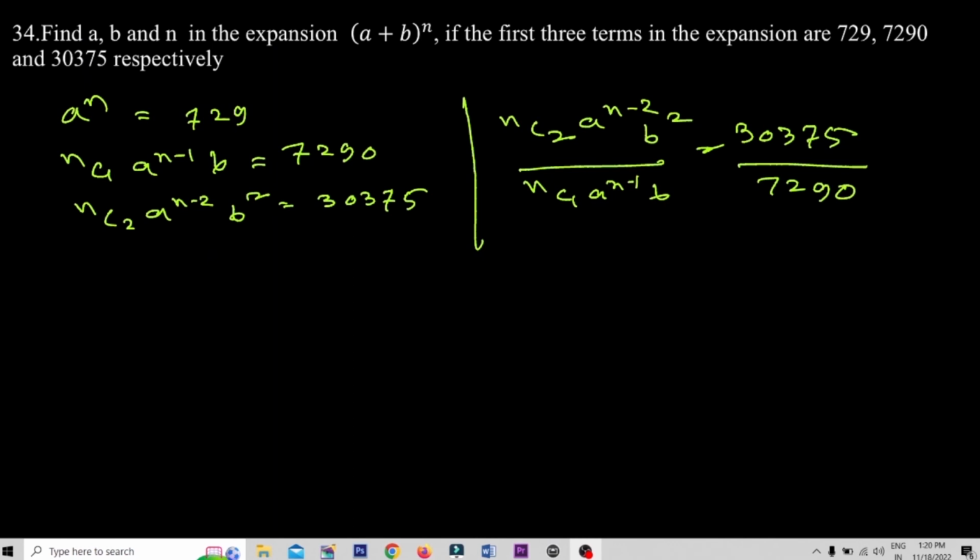If we divide, we get n minus 1 by 2 into b by a. I have already calculated this in the calculator. So 25 by 6 it is coming. So n minus 1 into b by a equal to 25 by 3.